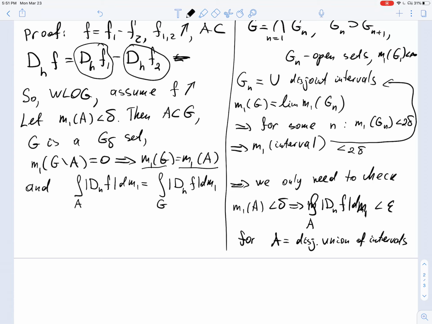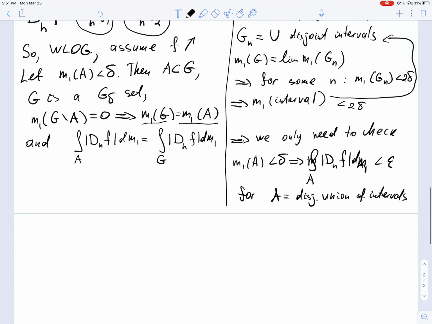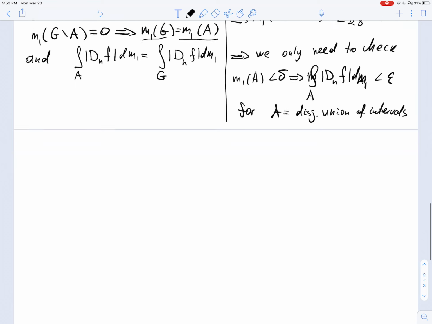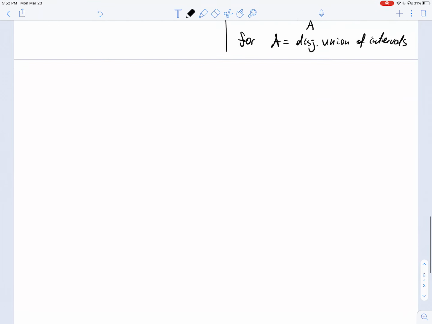Okay, that's the correct statement. So if we know it for a disjoint union of intervals, then we know it for any open set. So we know it for Gn, and then we know it for G, and then we know it for our original A. And this actually explains why we need absolute continuity, because absolute continuity handles disjoint unions of intervals.